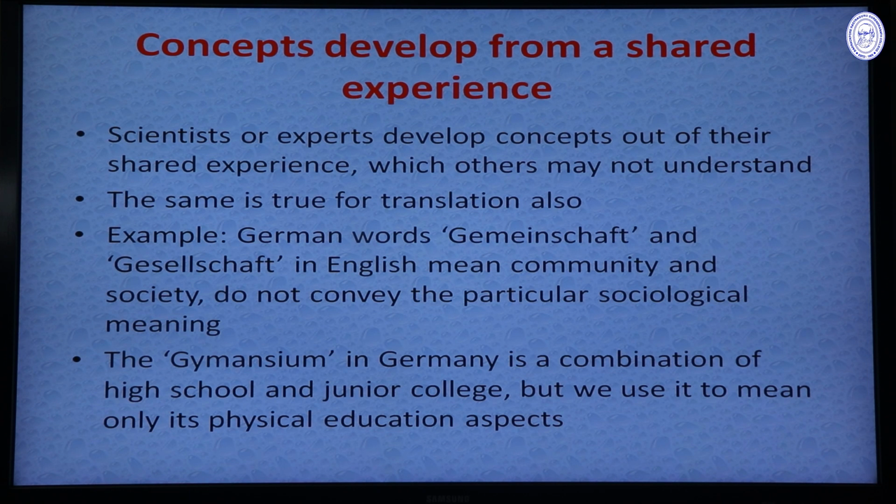So we can trace very complicated concepts in natural sciences, physical sciences, social sciences, which the persons engaged in these sciences may understand, but those who are not well versed with the vocabulary of these sciences may not understand these concepts.